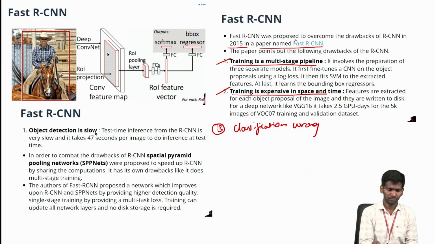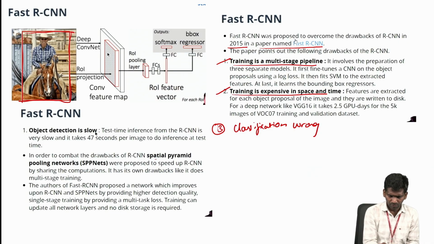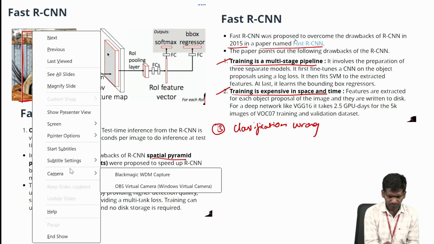To overcome all these drawbacks, we are going to see Fast RCNN. In Fast RCNN you see only a single object is detected. You compare how many objects were detected there, and how many objects are detected here. What is the difference? What algorithm is different from here? The difference is spatial pyramid pooling networks.